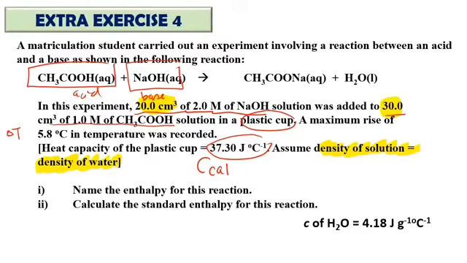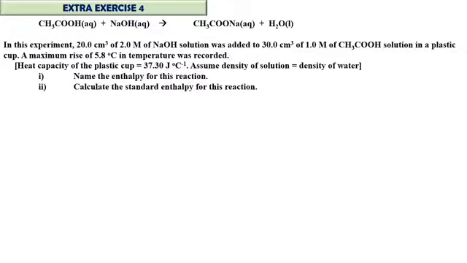Boleh? Okay, so soalan nombor 1, name the enthalpy for this reaction. And number 2, calculate the standard enthalpy for this reaction. So, the answer for number 1 is the enthalpy of neutralization. Betul, 1 markah.